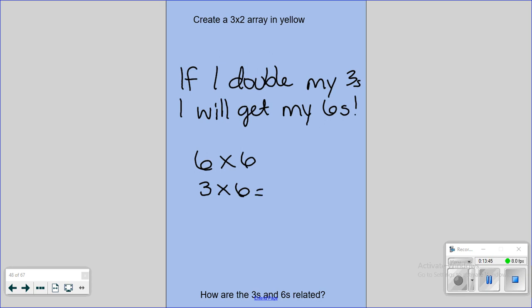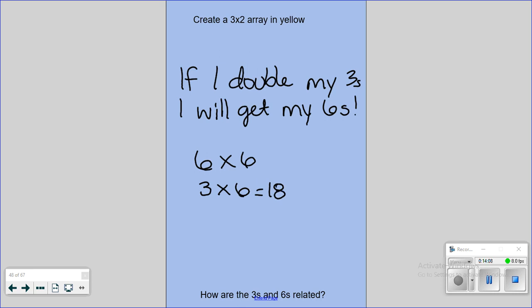I'm going to try and solve 6 times 6, but I'm going to use 3 times 6 to help me. What is 3 times 6? Gwen? 3 times 6 is 18. We did write it in our notebook.